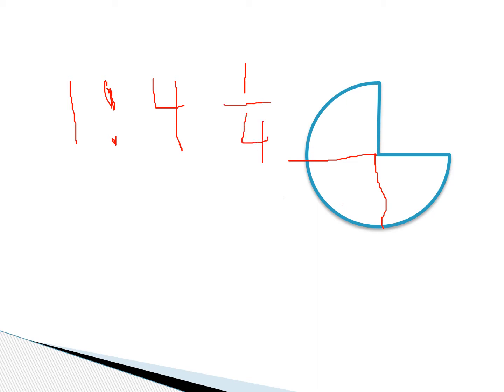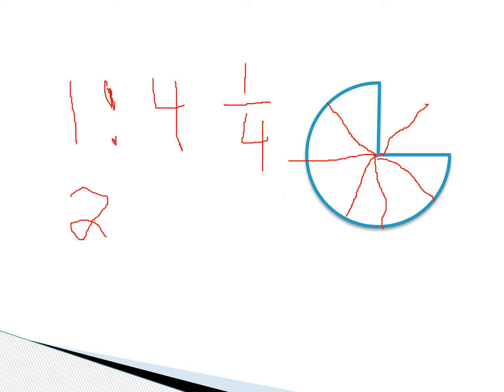1/4. So if we were to divide our pie into 8 sections, let's say we had 8 pieces of pie. Pretend here's a line here. Okay, looks like a spider. Now we have 2 pieces missing.